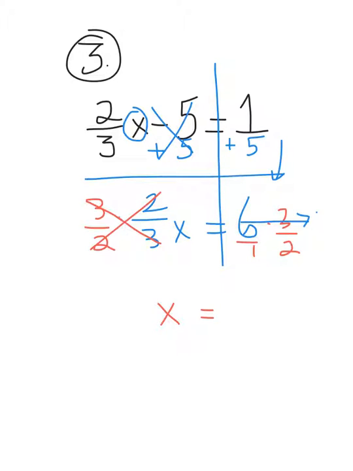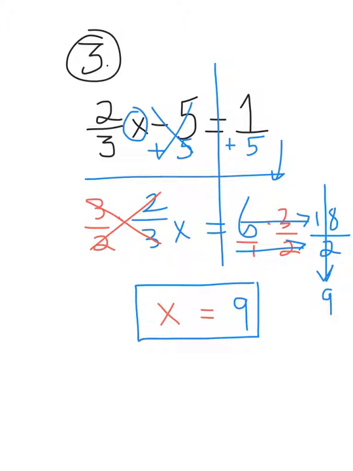It's going to give me 6 times 3, 18. And multiply this across over 2. 18 divided by 2 is 9. So this side of the equation is 9. And x equals 9. Now, I could substitute this in and check it over here for the x, but I don't have time to do that right now. We're just going to zip through this video so that you have some problems solved that you could check to see if you're doing them right tonight for homework.